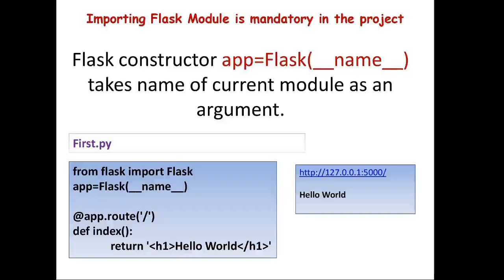and the next part was @app.route('/'). What was the use of this route function? The route function is basically a decorator. It tells the application which URL should be associated with that particular function. What was the name of the function?